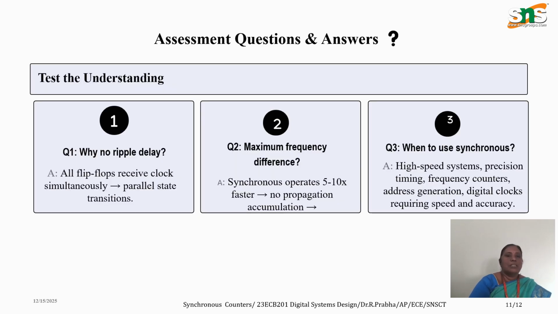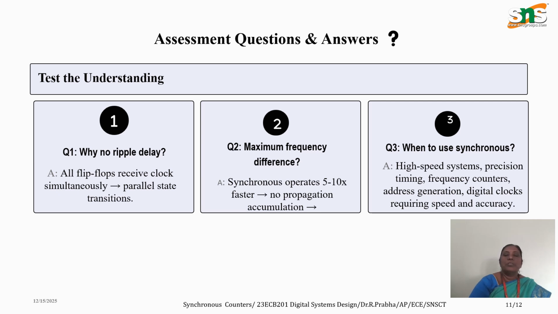So now the assessment questions on the ripple delay. Why is there no ripple delay? Because all the flip-flops are connected with the clock pulse simultaneously, so there is a parallel state transition which eliminates ripple delay. There is zero ripple delay in synchronous counters. For maximum frequency, the synchronous counter operates 5 to 10 times faster, with no propagation accumulation.